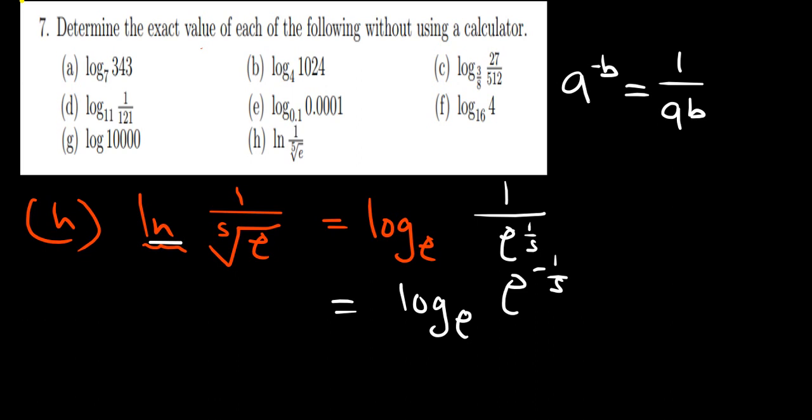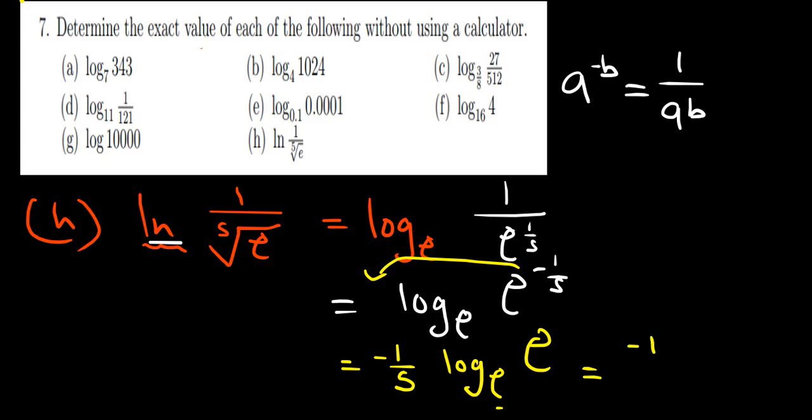We can drop the power in front. So we're going to have minus 1 over 5, and then we have log base e of e. Log base e of e is just going to be 1. So minus 1 over 5 multiplied by 1 is just going to give me minus 1 over 5.